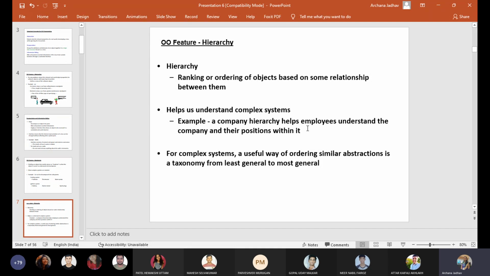And finally you move to project manager, and then to any other higher post in the organization. So whenever you are creating objects, you should be able to create the hierarchy and the relationship between each of those objects, so that it becomes easier to understand even a very complex system.